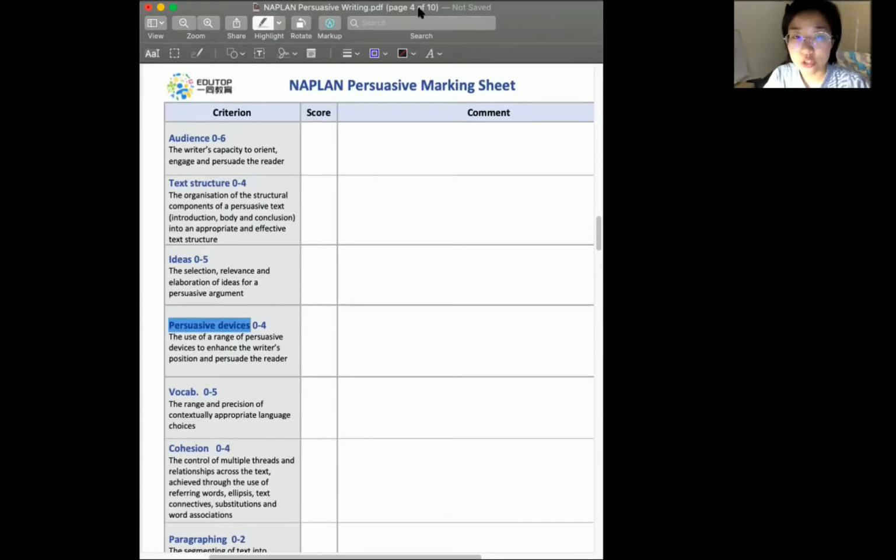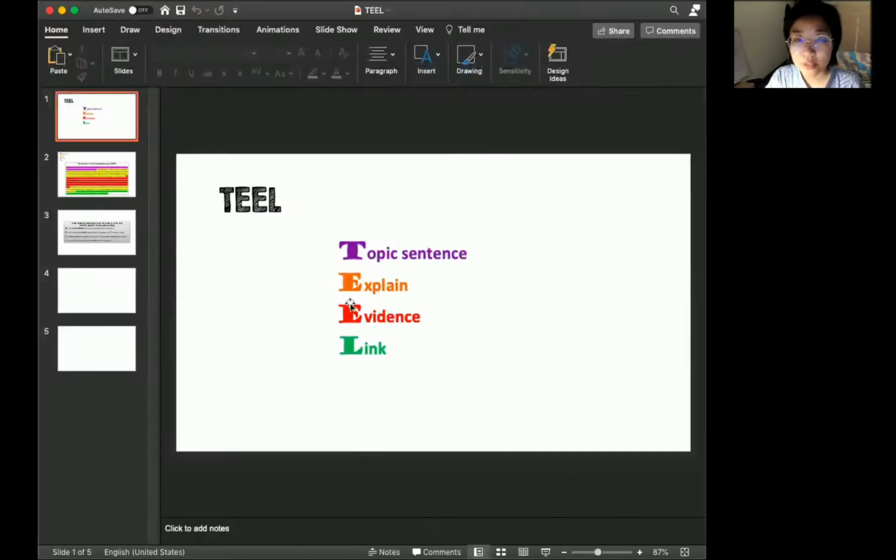So TEEL structure is very effective when you are trying to construct a paragraph in persuasive writing. So TEEL actually is an acronym, and I will show you what each of the letters stand for. So this is it.